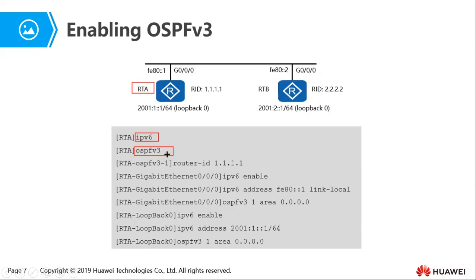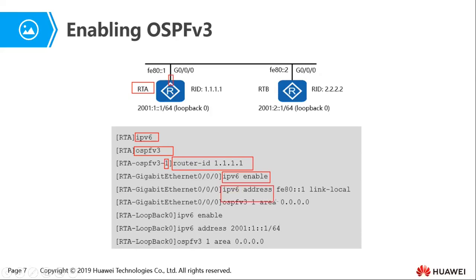If we don't type the process ID, it will pick up process 1. Then remember, we must manually configure the router ID using the command router-id 1.1.1.1. After that, we need to enable IPv6 on the interface, here GigabitEthernet 0/0/0.